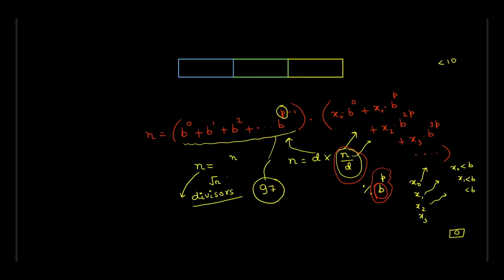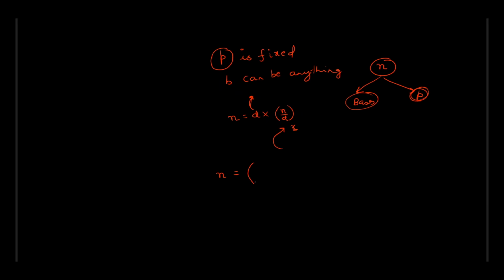Look at the n equal to 2 case: n was equal to 2 to the power 0 plus 2 to the power 1 plus 2 to the power 2 plus 2 to the power 3 up to 2 to the power p minus 1, into something. This is for base 2. This means that this entire sum is equal to 2 to the power p minus 1, as you already know. This means that n must be equal to 2 to the power p minus 1 into something.